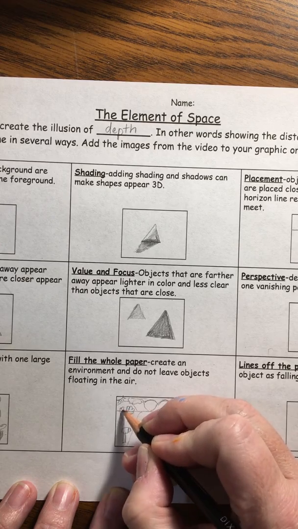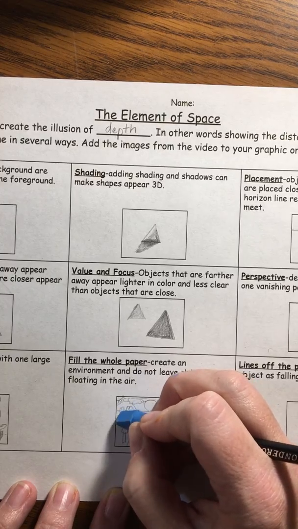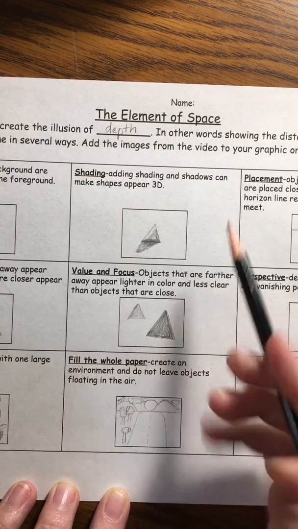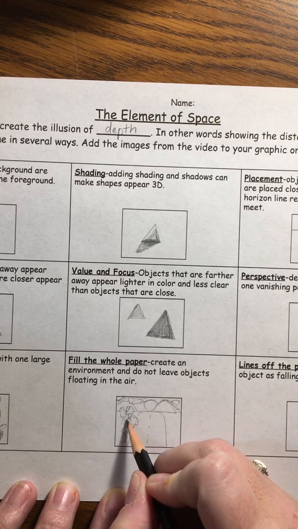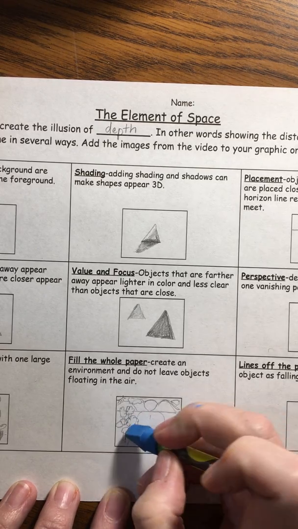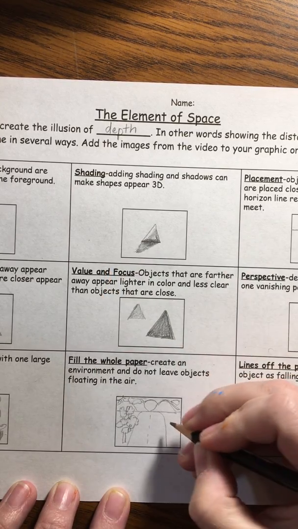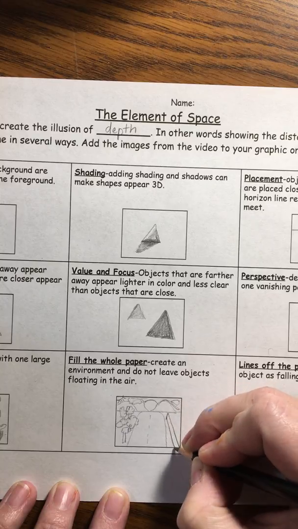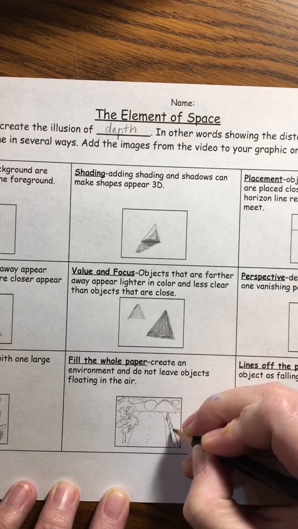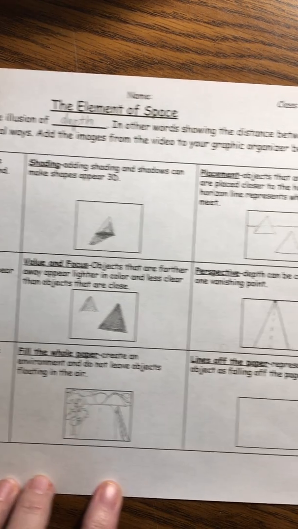So I'm also drawing lightly so that as I add pieces, it's easy to go back and erase where things overlap. Maybe there's a couple of bushes right beside the road in front of the trees. So I just want to keep adding and fill up my space. Maybe I've got a fence over here. So this is kind of, I've talked to you guys about this, about adding an environment to your drawings.